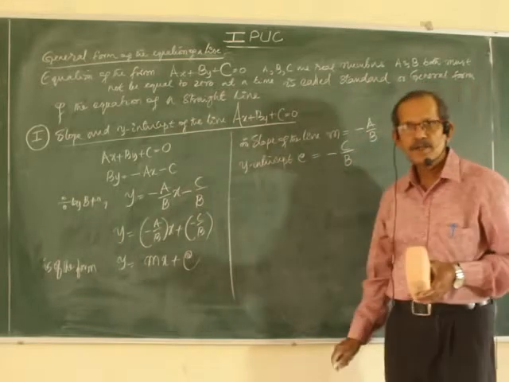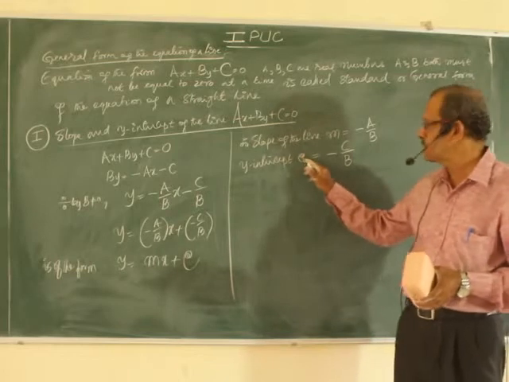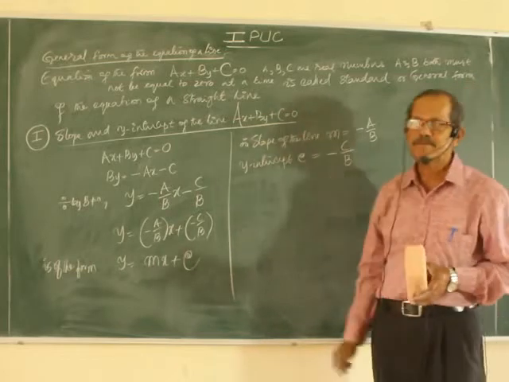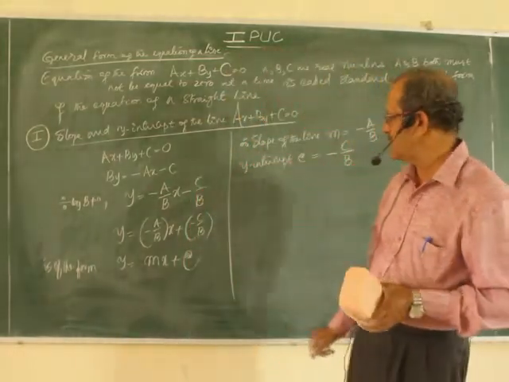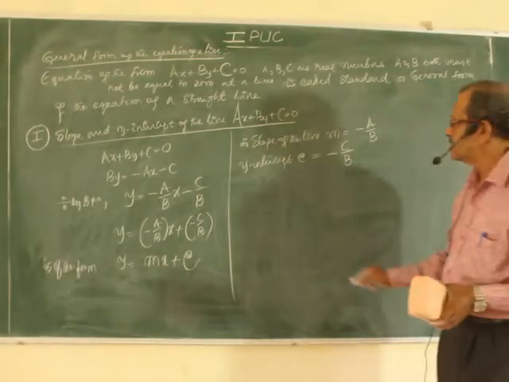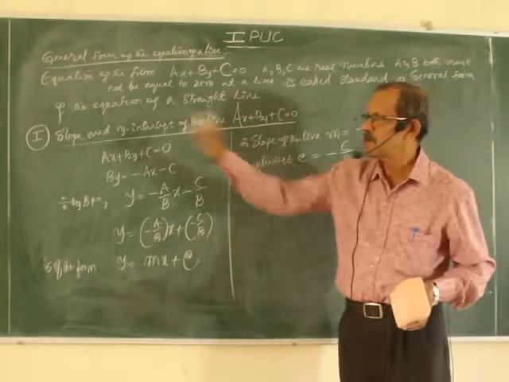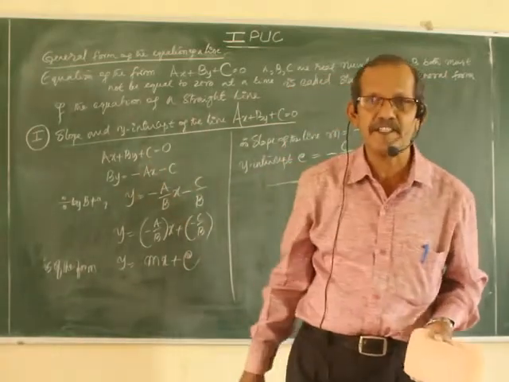Don't be confused here. This is small c, y-intercept. This is capital C in the equation. Small c represents y-intercept of the line. Right? First formula over. Given the equation, how to find slope and y-intercept.